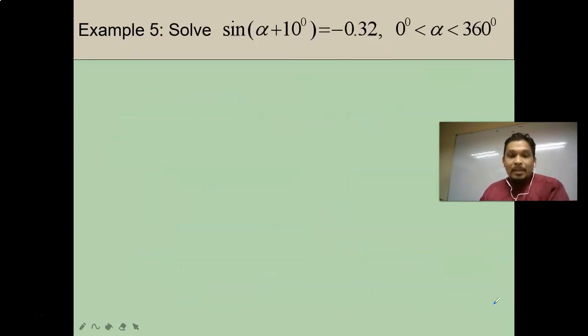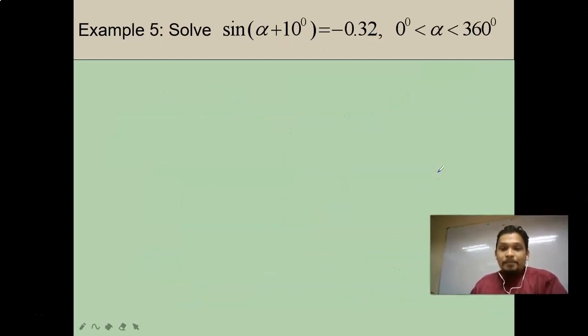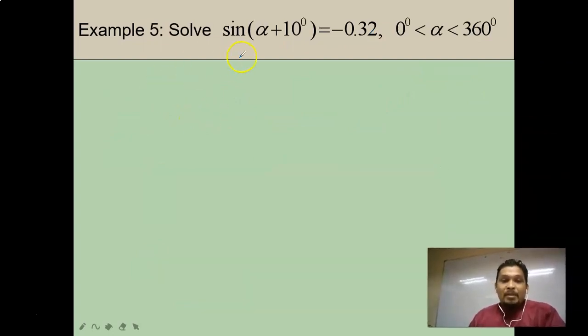Okay. Next, look at this one here. Now we call the angle alpha lies in between 0 and 360 degree. First, we define that alpha is from 0 to 360 degree.